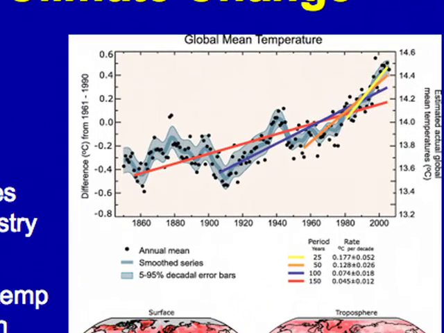The top part of this graph shows the differences in global mean temperature from the early 1800s to 2000. What's interesting is not only the increasing temperature, but the rate at which the temperatures are increasing, particularly in the last several decades. That's what's very important, how quickly it's happening.